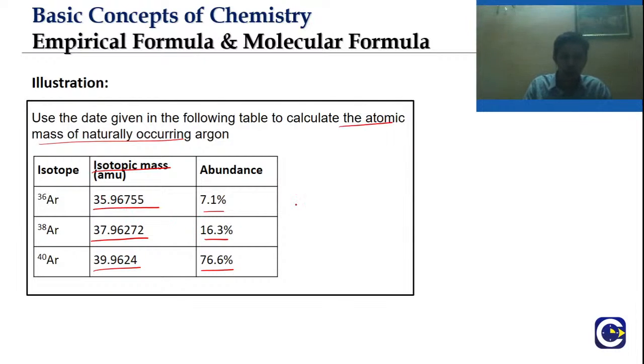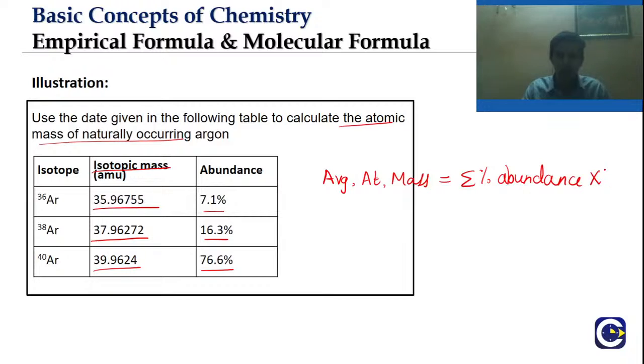If I want to use the direct formula, then average atomic mass equals the summation of percentage abundance into respective atomic mass, divided by 100. So what will be the answer in this case?